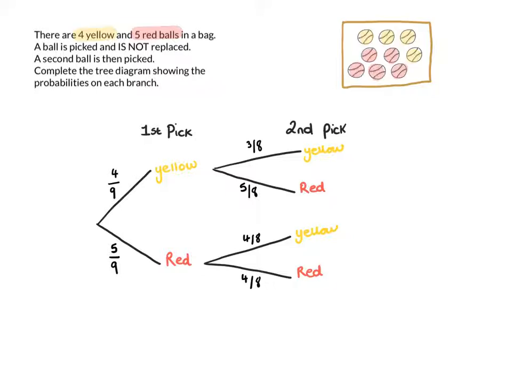So now we can look at the probability of a combination of these. The first one, what is the probability of picking a yellow and a yellow? Remember, it's yellow and yellow, so we multiply. So 4 over 9 multiplied by 3 over 8. We're now going to do the same for the probability of picking a yellow and a red.